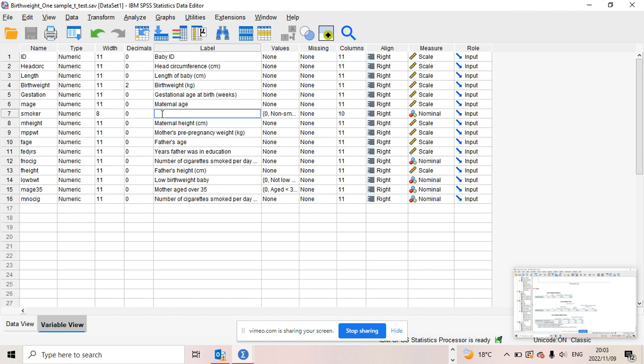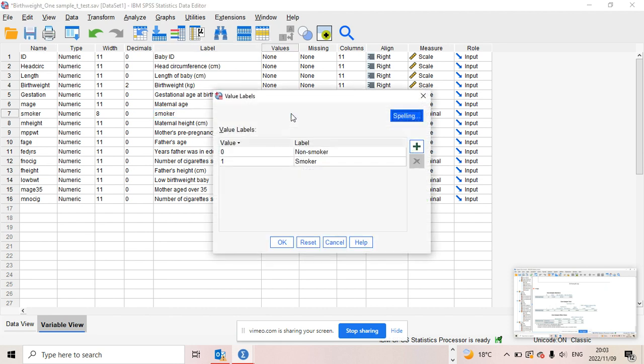Here we can say smokers. It's a variable here. Given the specificity of this variable, it's a categorical variable, as you could see here. Categorical in the sense that you have the values attached to the variables.